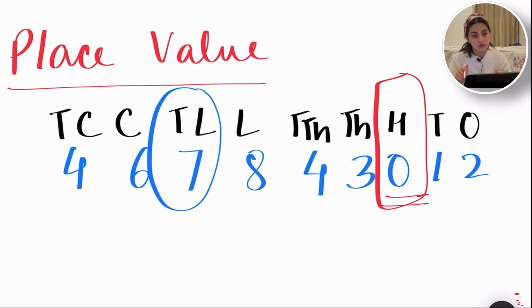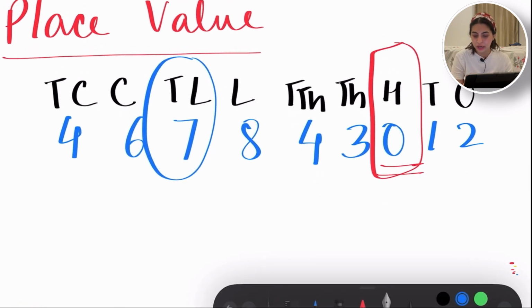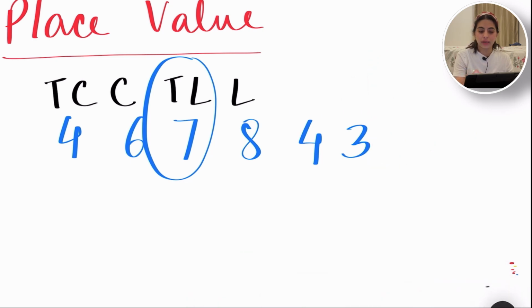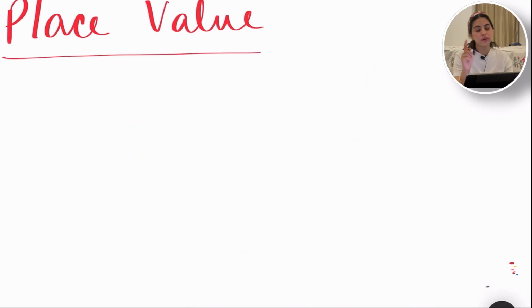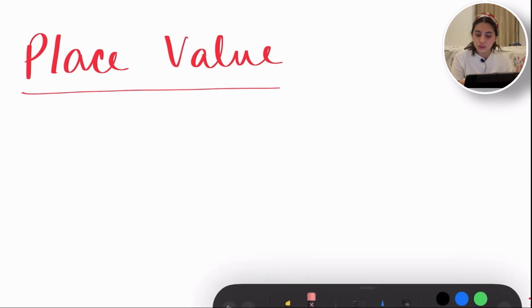Before moving on to the international system, I can ask you quickly to find out the place value. Now I am removing what's written on top. I am removing the Indian system. I am just going to give you a number. You have to pause the video, find out the place value of the number I circle and write that down.